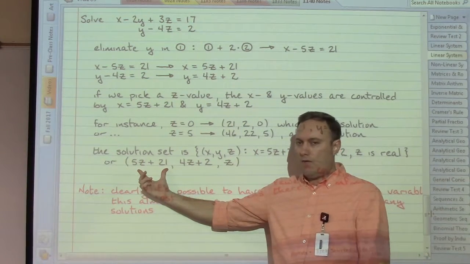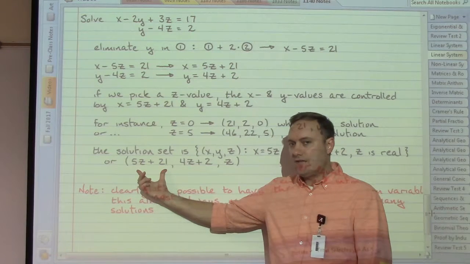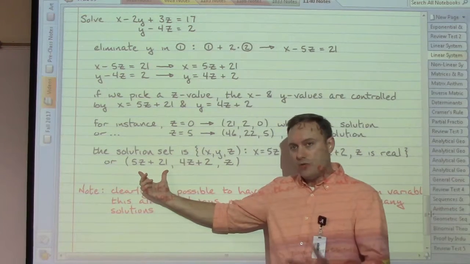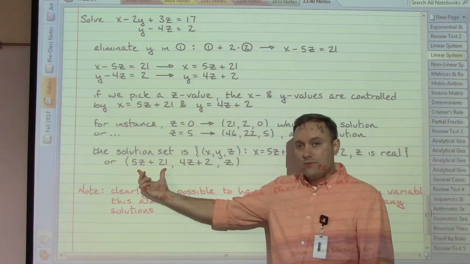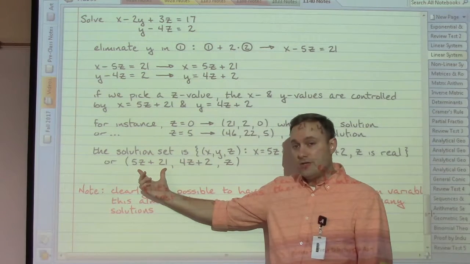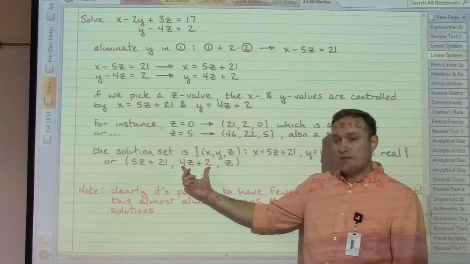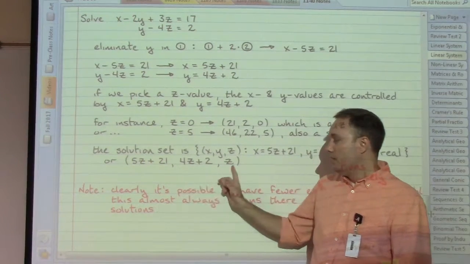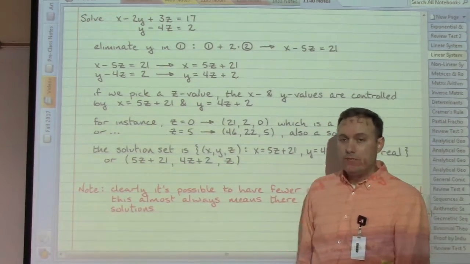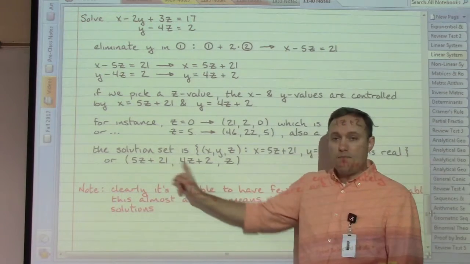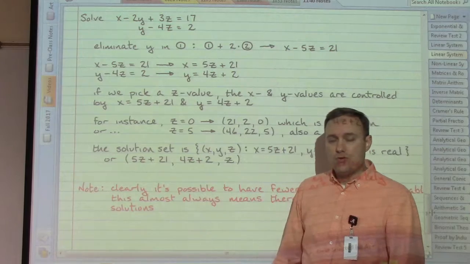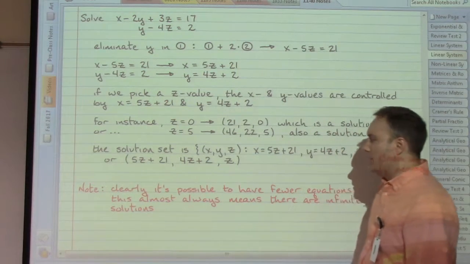So again, depending on what we're allowed to give as an answer, if our directions force us along the way, x is based on 5z plus 21. Y is based on 4z plus 2. Z, well, z is z, whatever we might pick it to be, and it controls the x and the y.